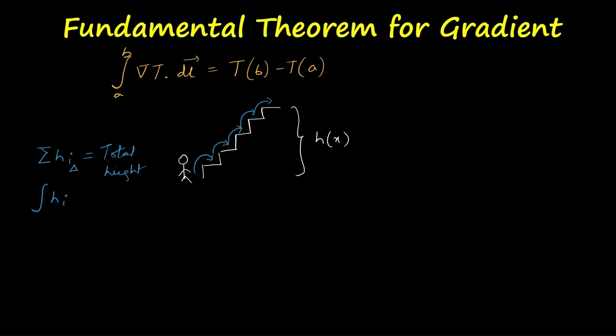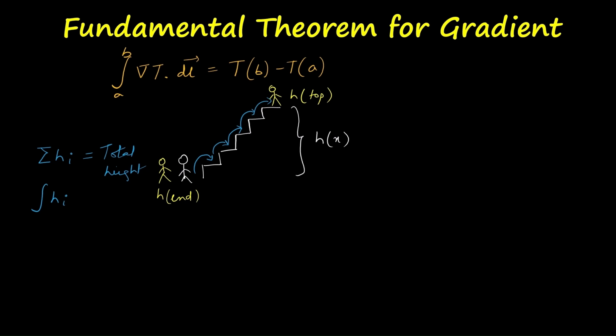Or there is an alternative way of doing it. You stand here, measure the height at the end point, and you directly go to the top of the staircase and measure the height of the top point.